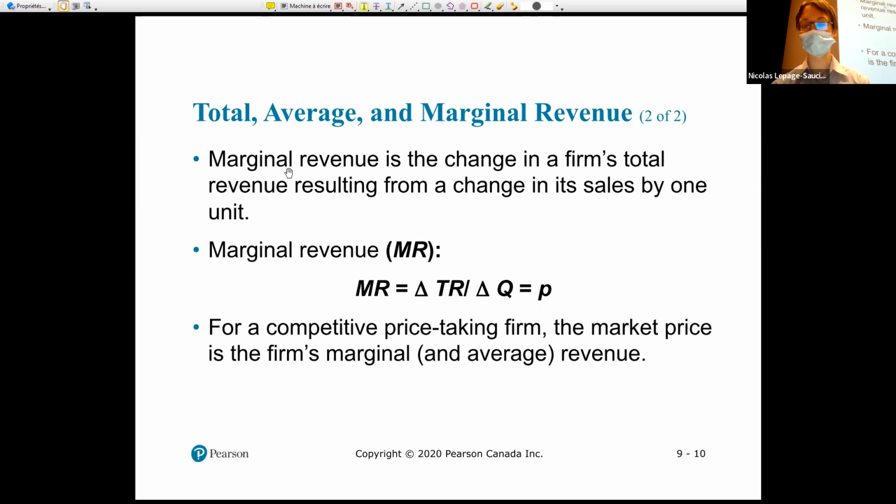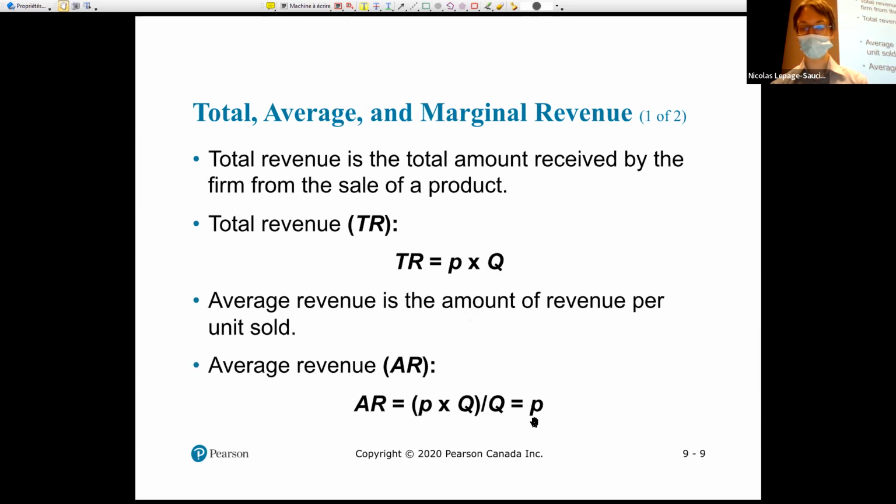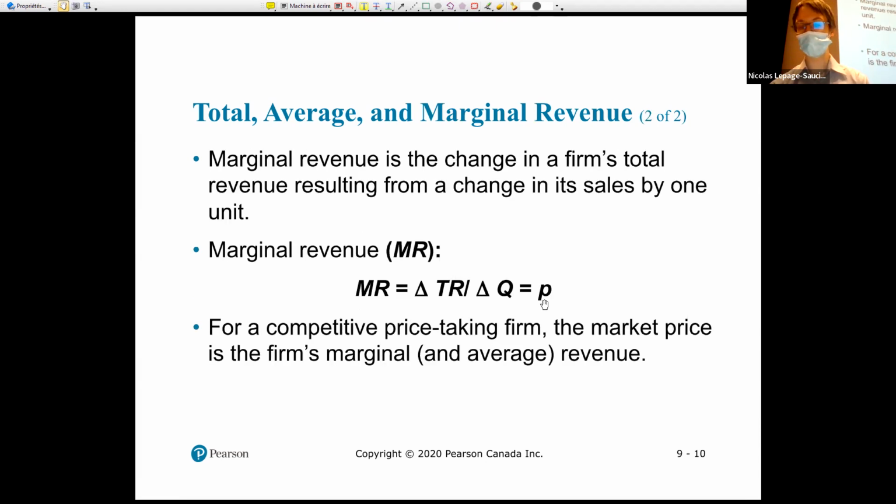The marginal revenue is the extra revenue the firm gets from selling an extra unit, so delta total revenue divided by delta Q. And so we see, of course, that whatever the quantity is, the extra revenue from an extra unit is just the market price.